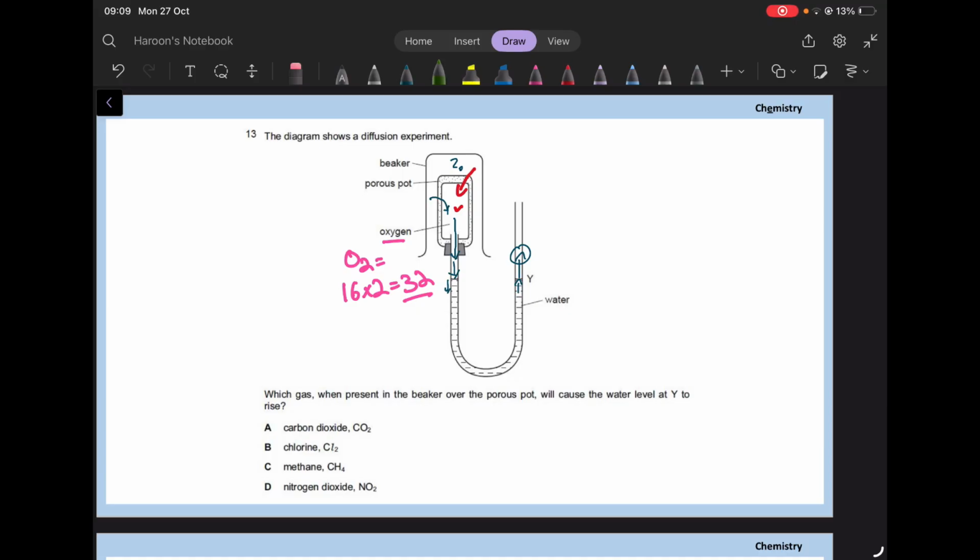So let's calculate for carbon dioxide. 12 plus 16 times 2, this is actually 44. This would actually do the opposite. More of the oxygen molecules would go out, and this Y level should actually move down in this case. So let's have a look at B. 35.5 times 2, this would be 71. That's out.